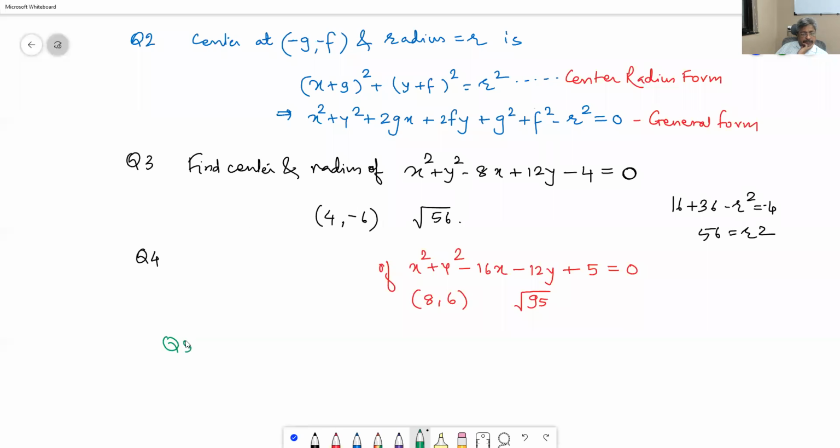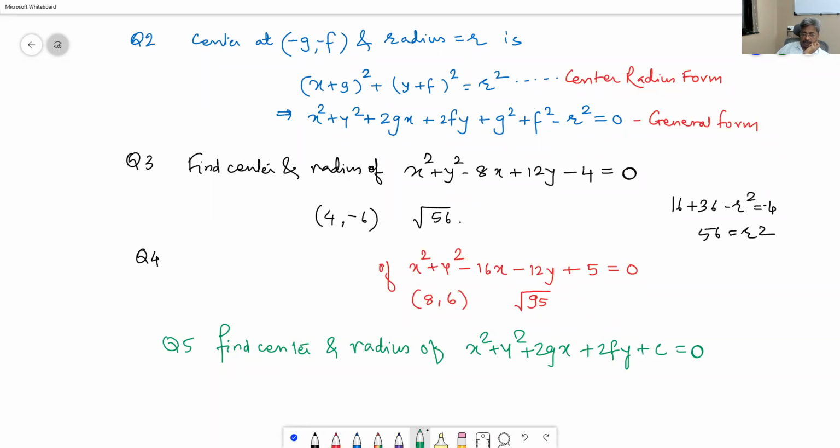Question 5. Find center and radius of x square plus y square plus 2gx plus 2fy plus c is equal to 0.